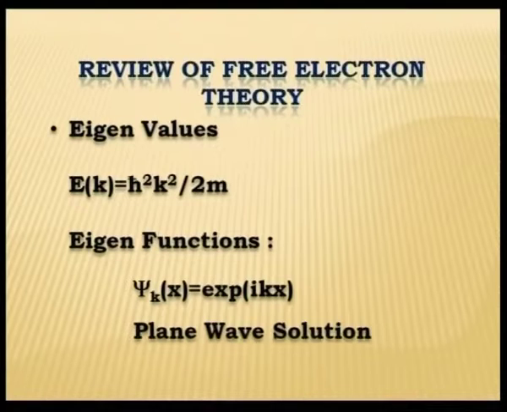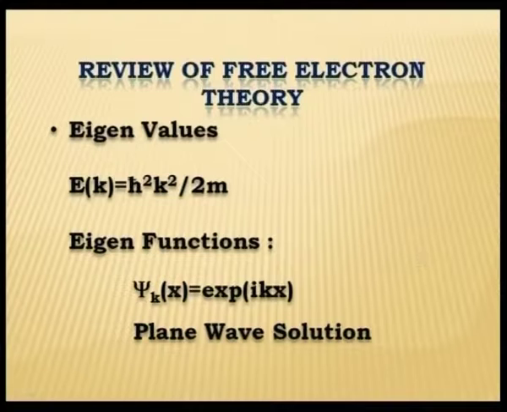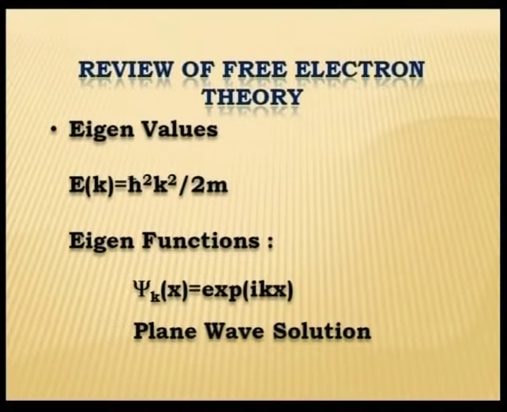That is the solution for the differential equation. So, I have written e^(ikx) as the solution. This solution is called a plane wave, because you have a sine function or a cosine function shifted by a phase difference.